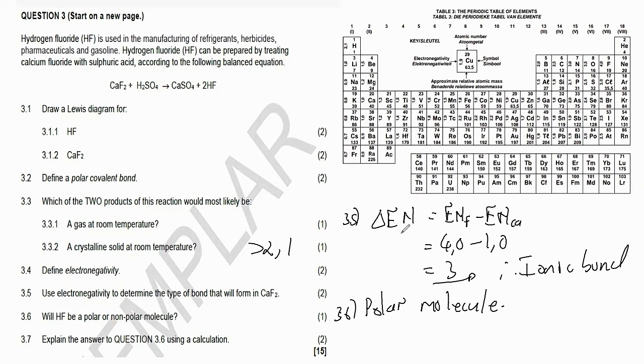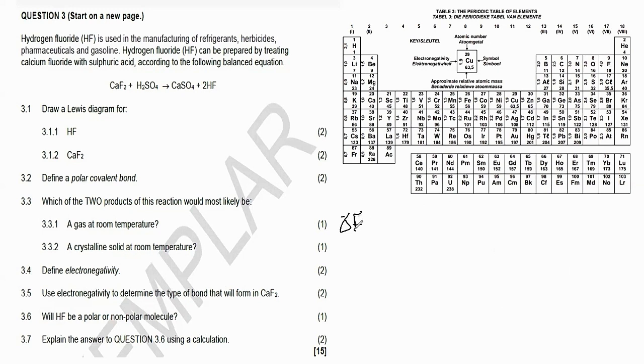Then 3.7 says, explain the answer to question 3.6 using a calculation, right? So for HF, the calculation that we are supposed to use again is the electronegativity difference. That's really the only calculation that we have here. So EN of fluorine minus EN of hydrogen. Now the EN of fluorine, we already saw it is 4.0, but then the EN of the hydrogen, let's check, hydrogen is 2.1.